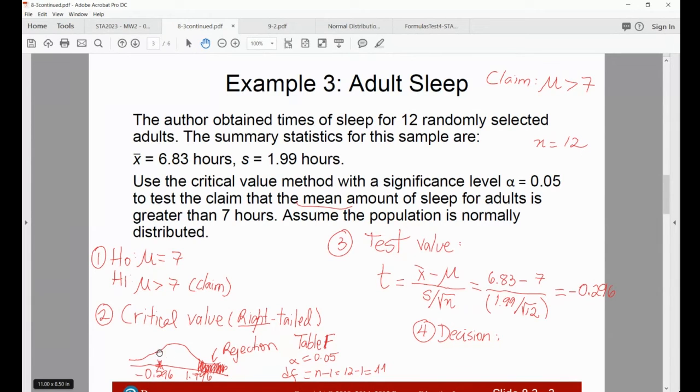So what will be the decision? Reject H0 or fail to reject? We fail to reject the null hypothesis.